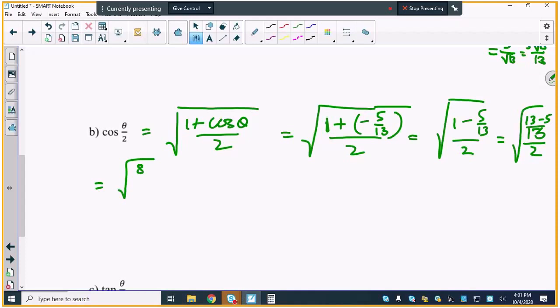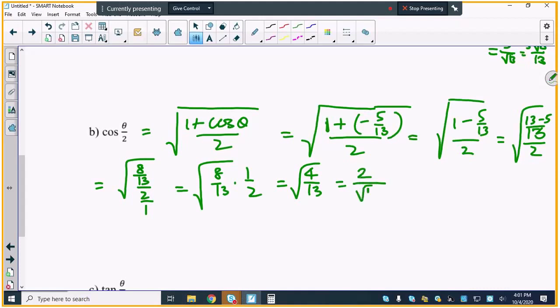So that's 8 over 13 over 2, which is 2 over 1. So 8 over 13 times 1/2. That's 4 over 13, which is 2 over square root of 13. And that is 2 square root of 13 over 13. So that is your cosine theta over 2.